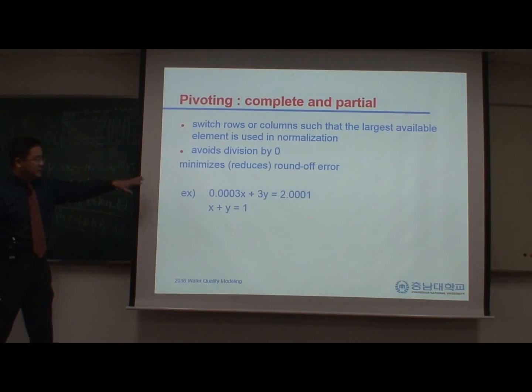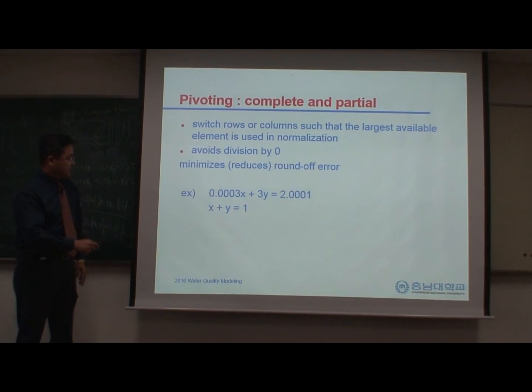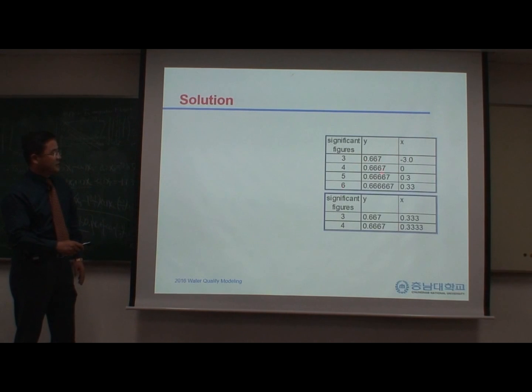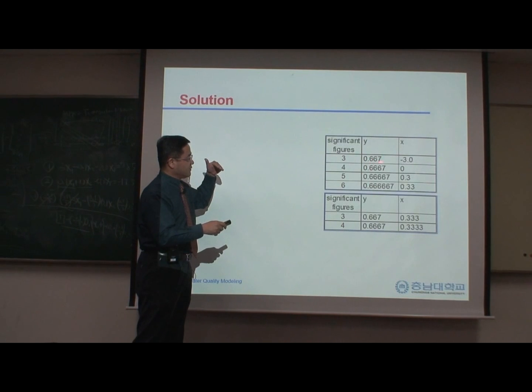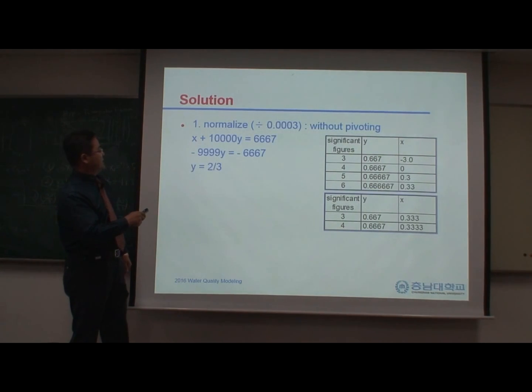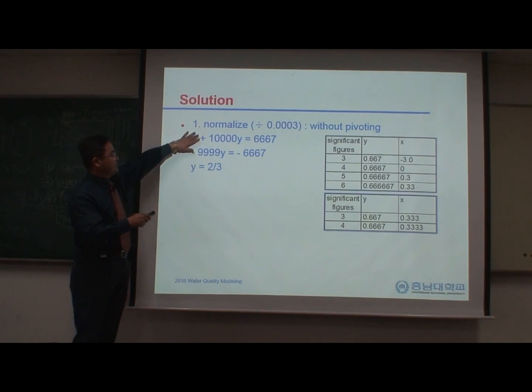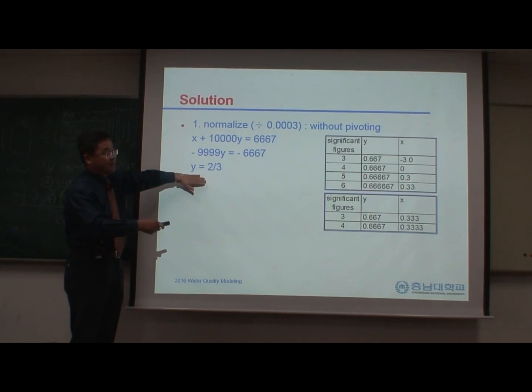If you have an equation like this, we can solve it, but depending on the significant level, if you carry 3 significant figures, which is 0.667, your solution in this case, and your y is, let's say, 2/3. And this can be 0.667, or depending on your significant figures level, you can have it go on forever, right?